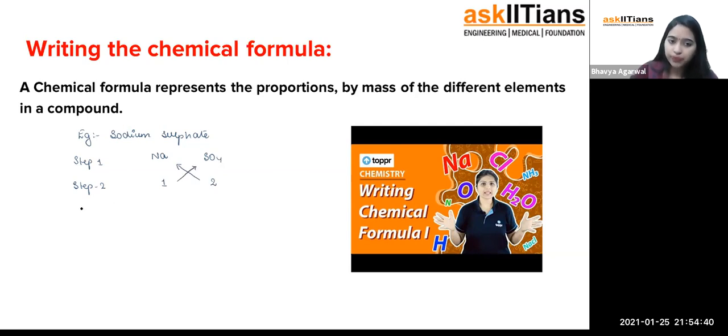Then I'll do the crisscross, and the chemical formula of sodium sulfate will turn out to be Na2SO4. Right? I hope this was easy. Yes?